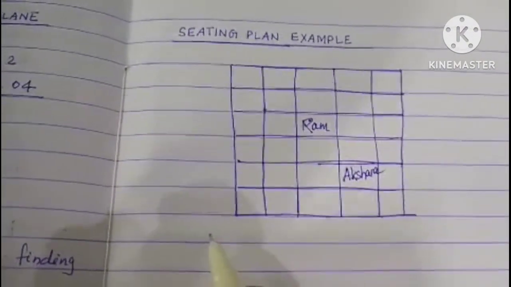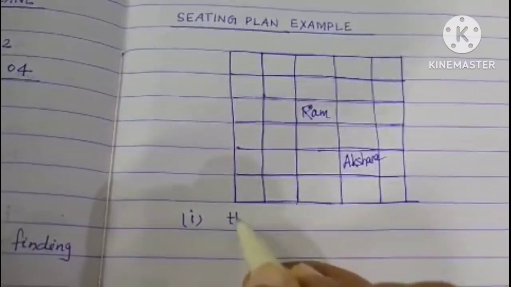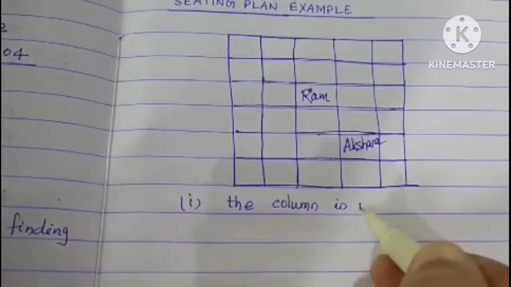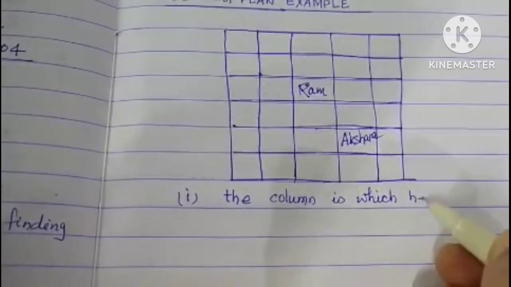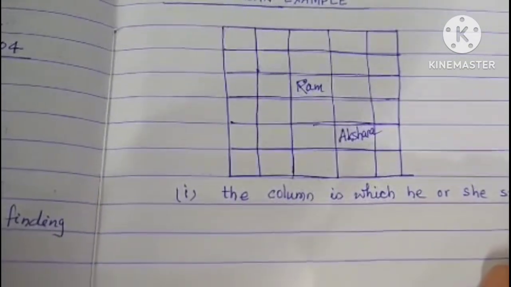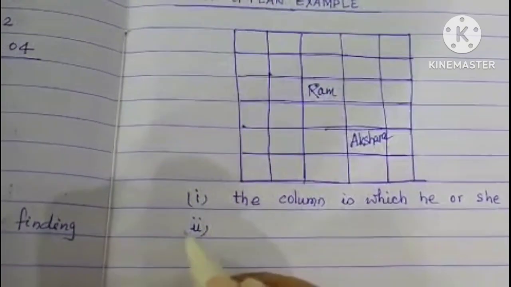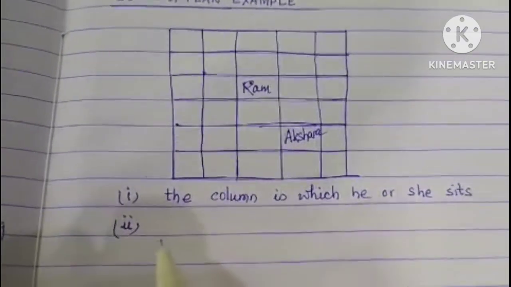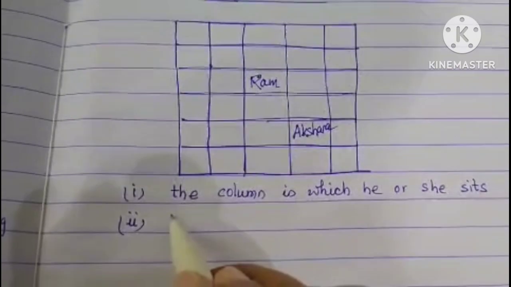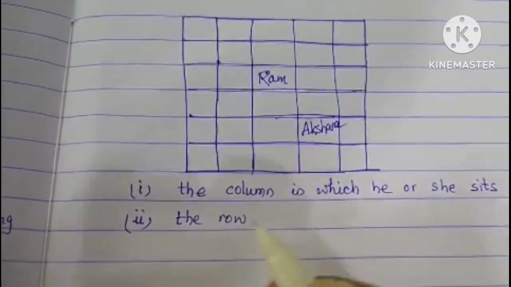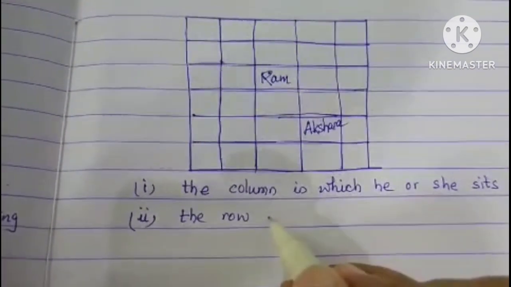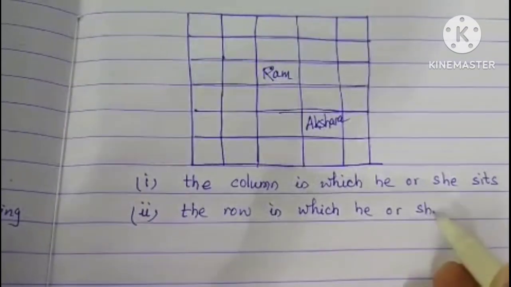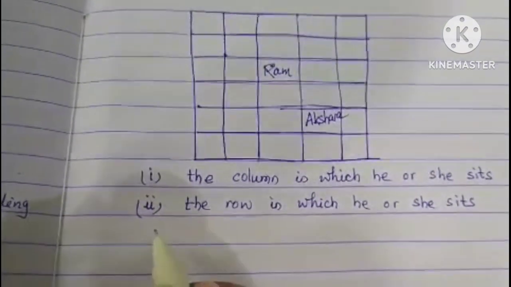We have to describe the position by the column in which he or she sits, and second, the row in which he or she sits, since we require two independent pieces of information, which we have separated as row and column. I hope you are familiar with row and column.